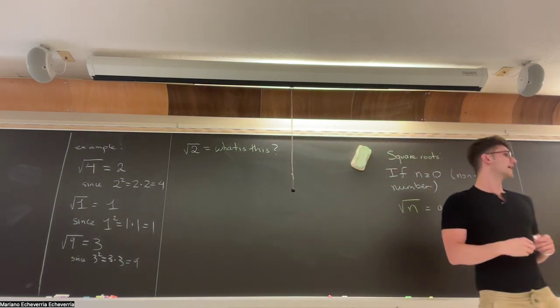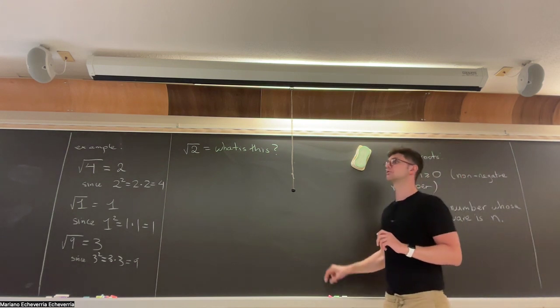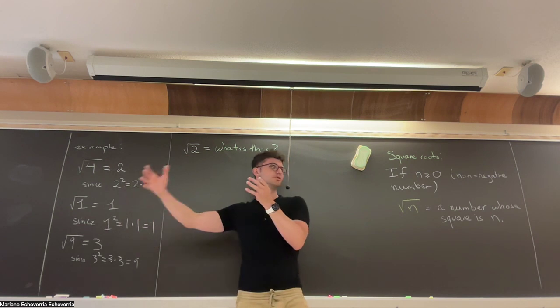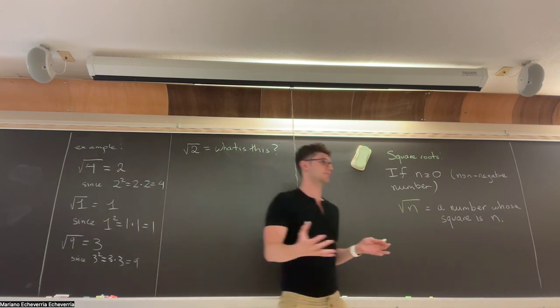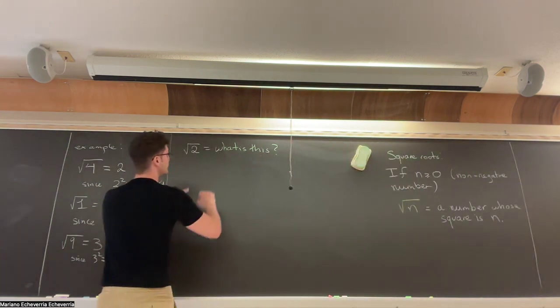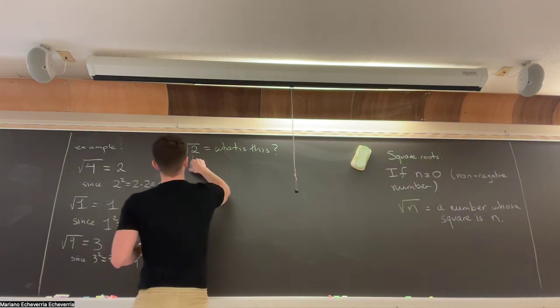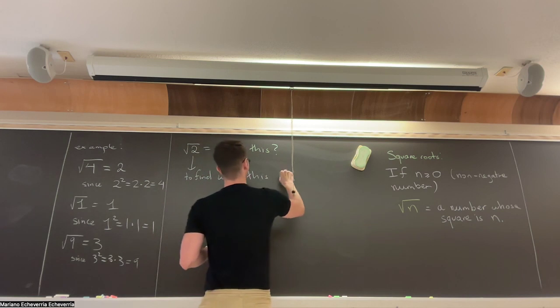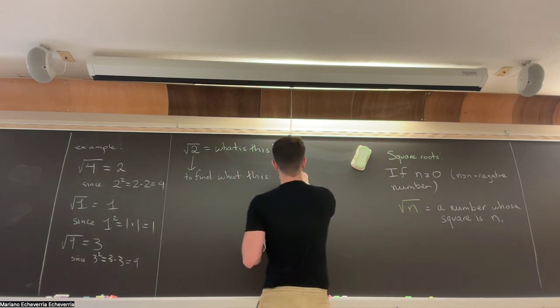Right? Okay, and then actually, the thing is that if you wanted to know what this is, you have to use Pythagoras theorem. So I'll tell you about what Pythagoras theorem says. So to find what this is, we need Pythagoras theorem.